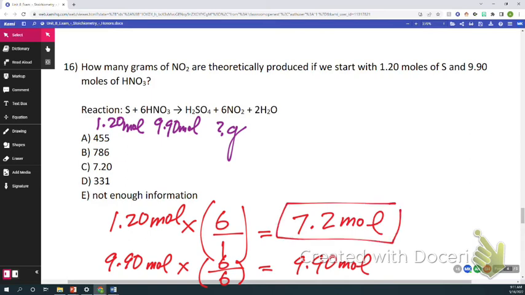This is smaller, so change this to grams by multiplying by the molar mass of NO2. That gives 331.